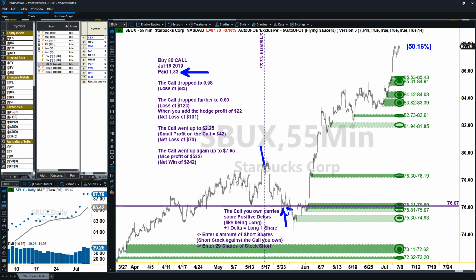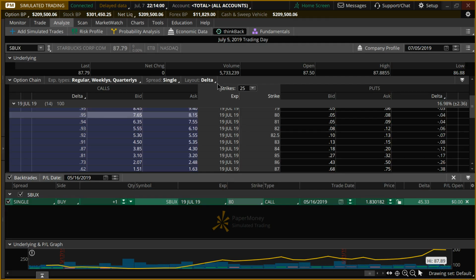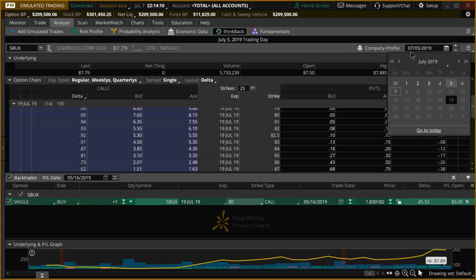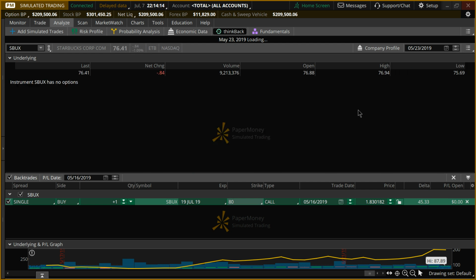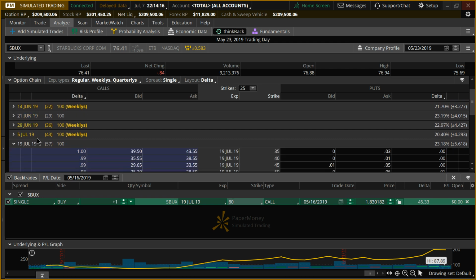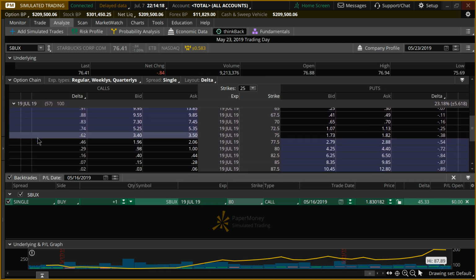But on that day, that was May 24, you hit your triggering condition for damage control. And when you look at the option chain, and you look at the delta that day, May 23, the delta that day was 29.